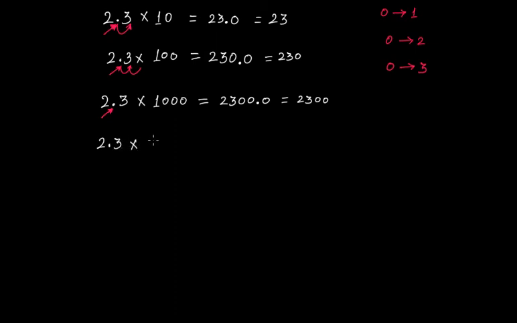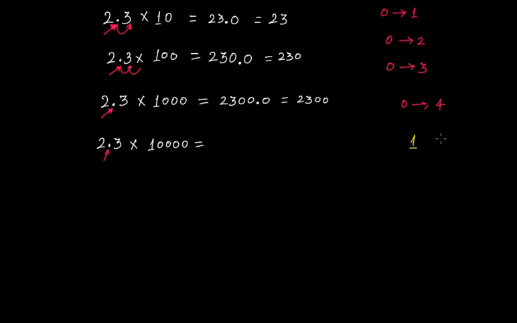If you have 2.3 times 10,000, the decimal point is here. You have 10,000, which has 4 zeros. It means that your decimal point has to move 4 times towards the right. It means your decimal point should come after the 4th digit to the right of the decimal point. But in this case you have only one digit, so it has to be placed after 4 digits, but you have only one digit.